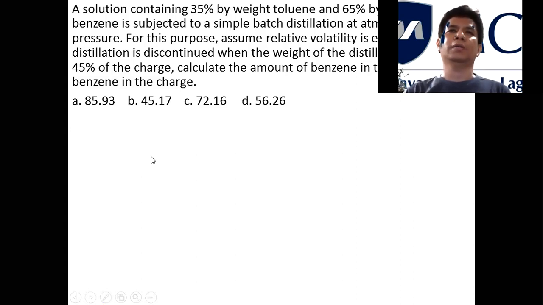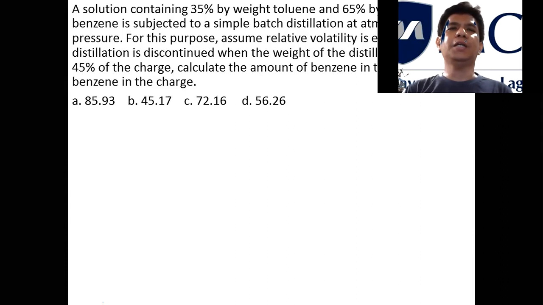The components are benzene and toluene. Okay. So benzene has a lower molar mass compared to toluene. So benzene is the more volatile component. So XF would be equal to 0.65.